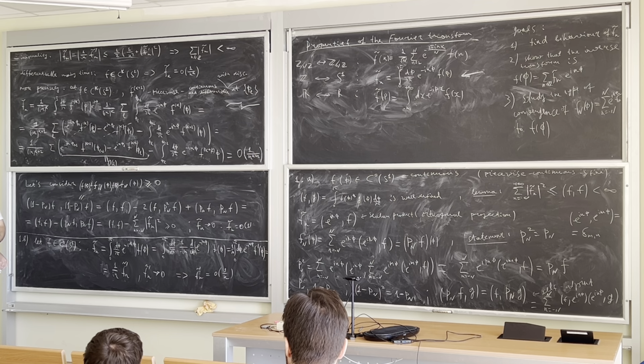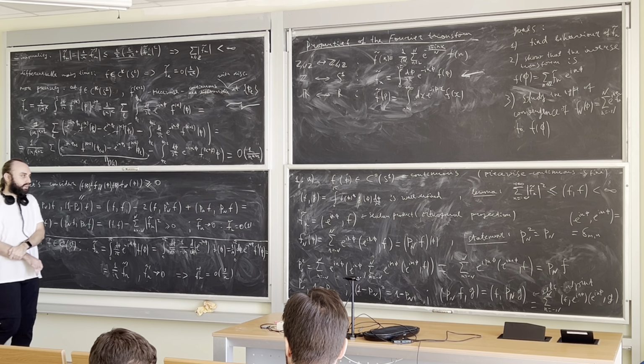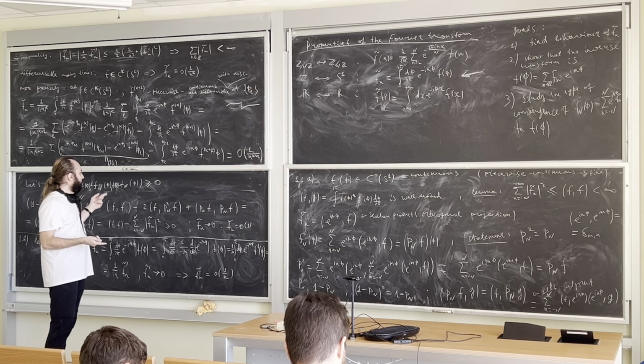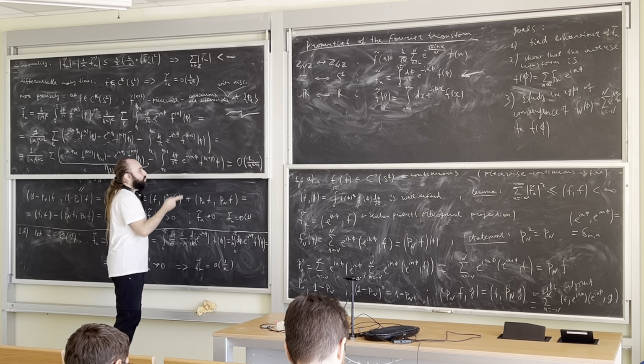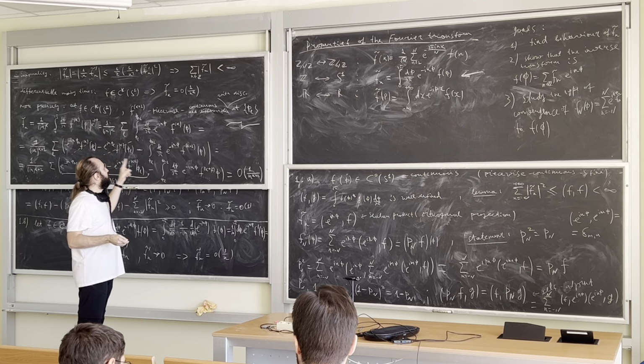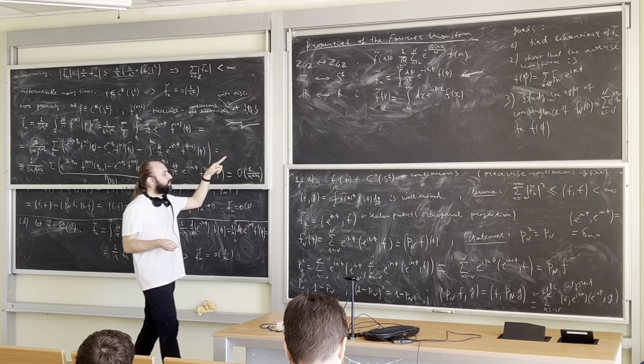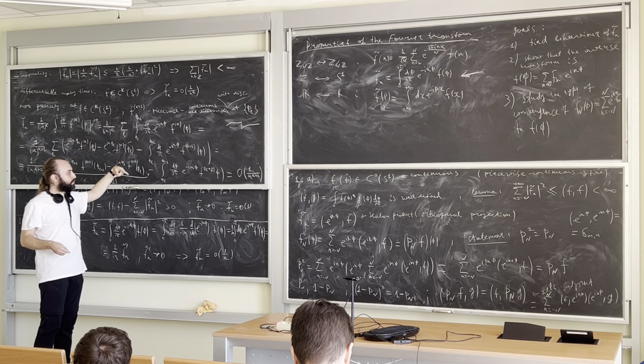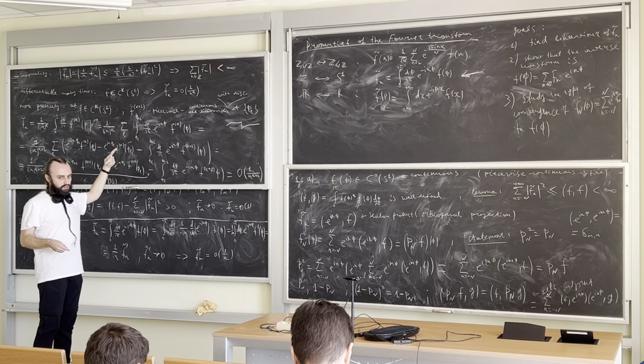Also, a remark: once all these integrals exist, this works equally well for the case of the real line, because this integral should simply go from minus infinity to plus infinity, and n should be replaced by p.